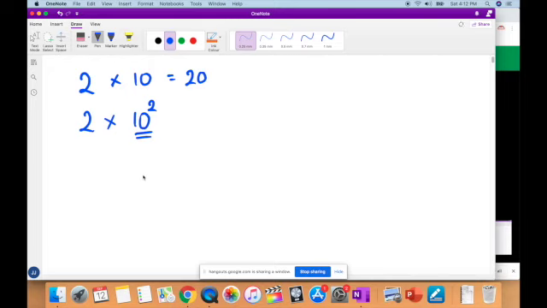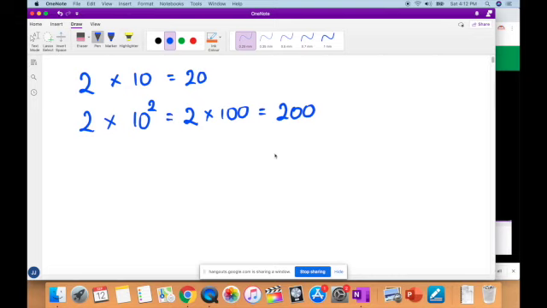Just answer that question. What is 10 squared? 100. Right. So wait, are you telling us 40? Yeah, I made a mistake. This is 2 multiplied by 100. And what's the answer? 200.